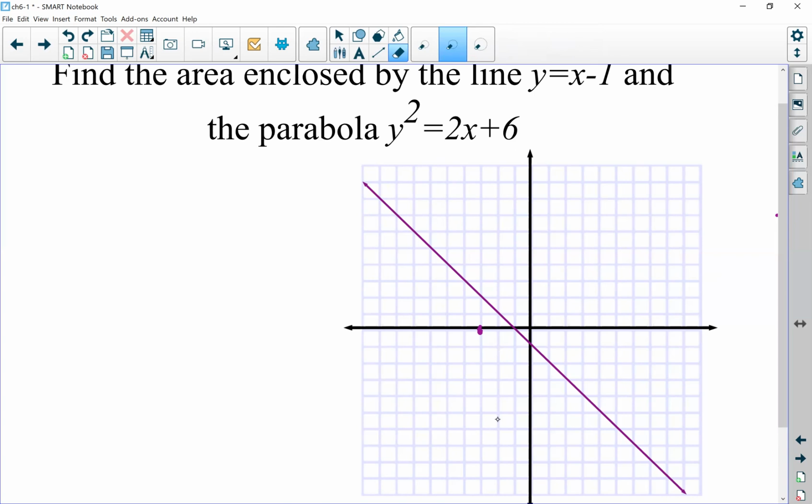Why doesn't that seem right? Oh, I know why. So when y is 1, x is 2.5.